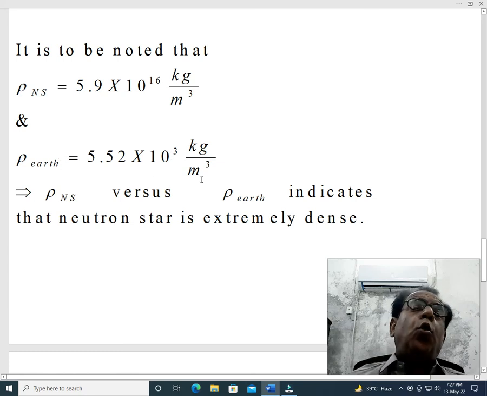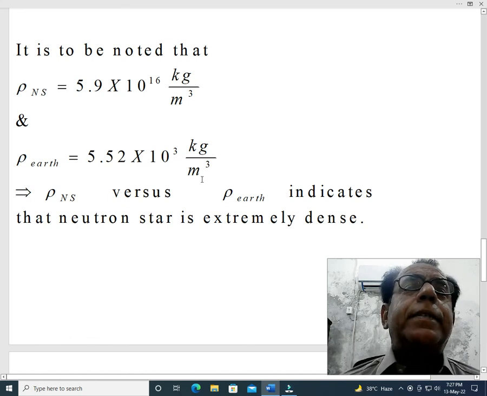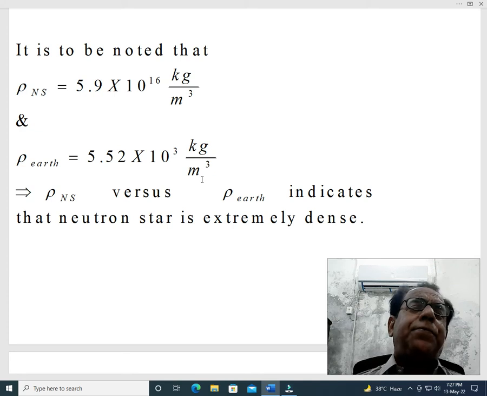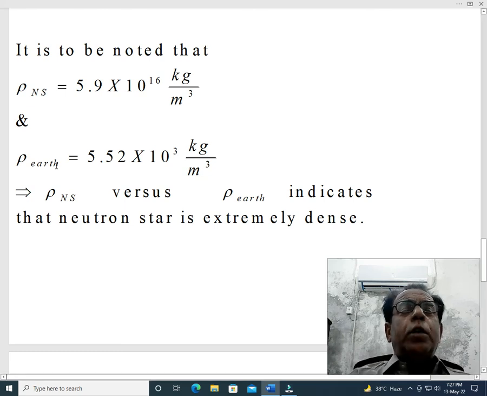So between 10 raised to the power 3 and 10 raised to the power 16, there is a very huge difference between these two quantities. Because this is kilo, then it will become million or mega, then giga, then perhaps tera, which will be 10 raised to the power 12, and then 10 raised to the power 15.